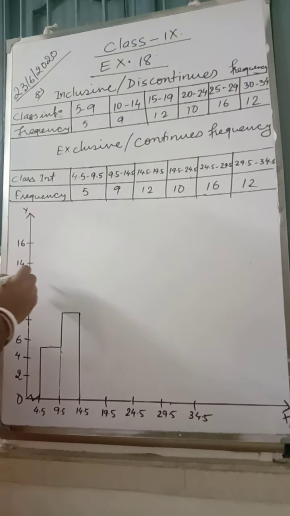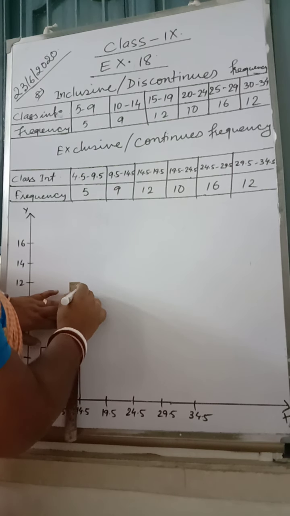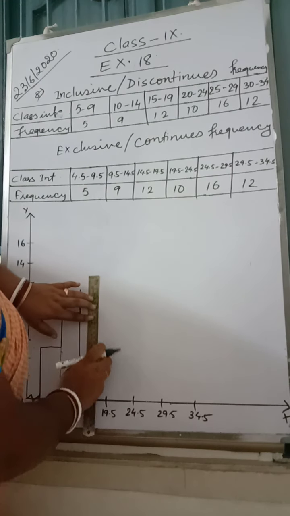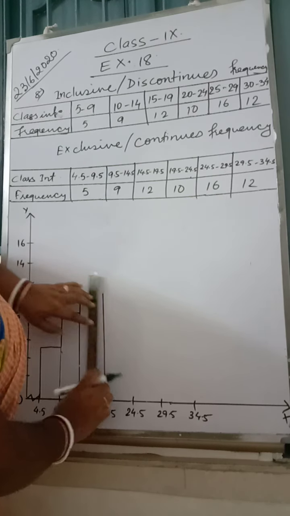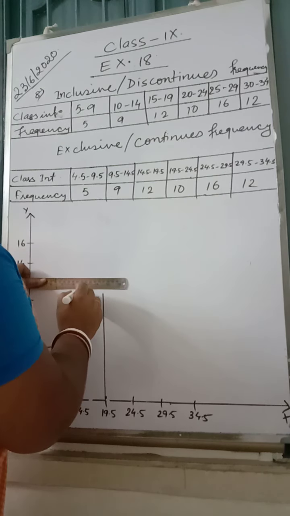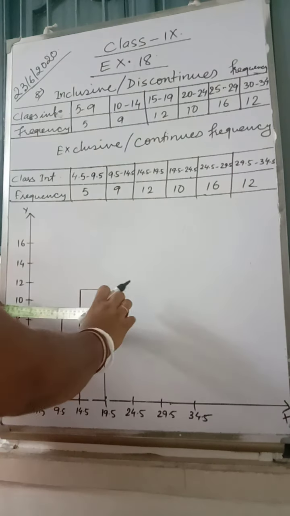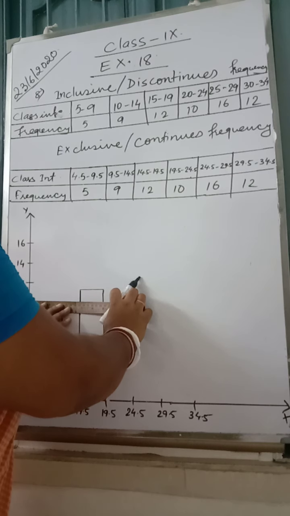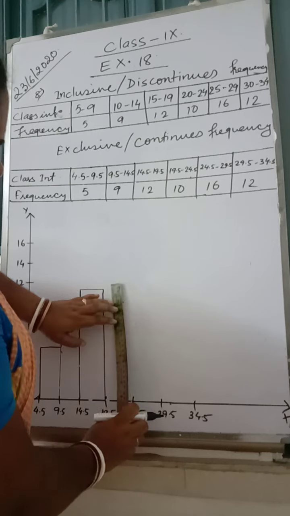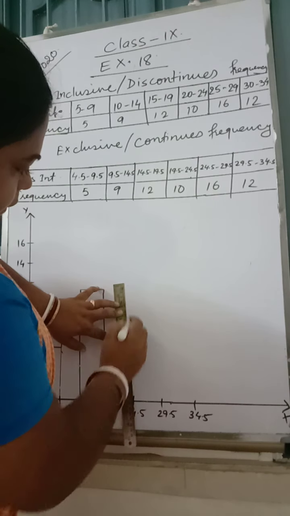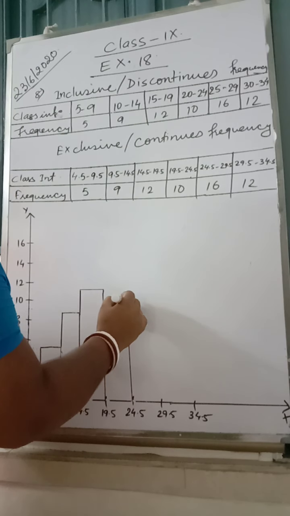Next we have 12. So this line will go up to 12. See, next we have 10. So this column will come for 10, from 19.5 to 24.5.